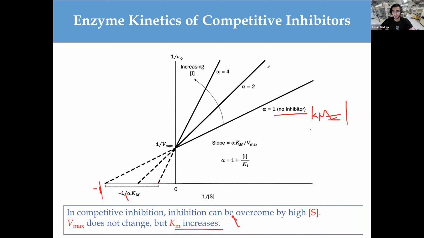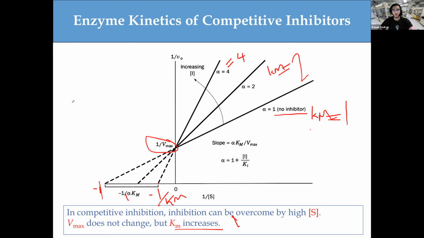Therefore, the Km in this case is equal to 2, for example, for simple calculation. And here at higher concentration it is now 4. We said earlier that on the graph, the y-axis represents 1 over Vmax, and the x-axis represents -1 over Km. Ignore the alpha, it's not necessary to worry about that.